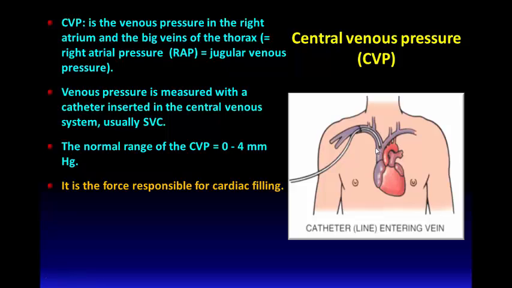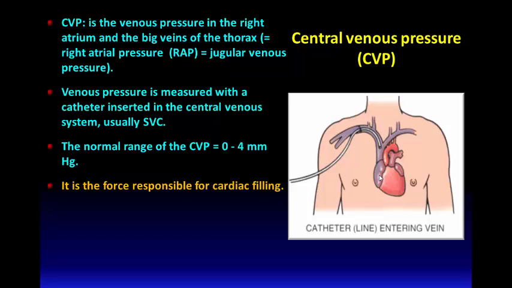Central venous pressure, or right atrial pressure, or jugular venous pressure, they are all equal, is important since it is the force which is responsible for cardiac filling. So it is therefore the force which is responsible for the cardiac output.